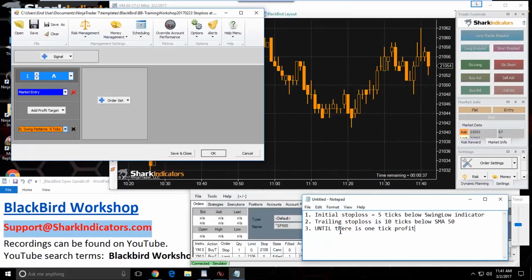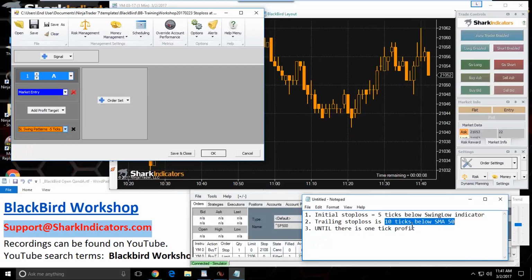Initially we thought the question was just 1 tick of profit for the trade, right? The trade is making 1 tick of profit. However, that really didn't make sense, because remember, our trailing stop loss was 10 ticks below the SMA 50.